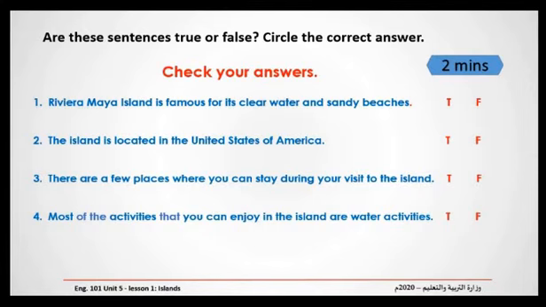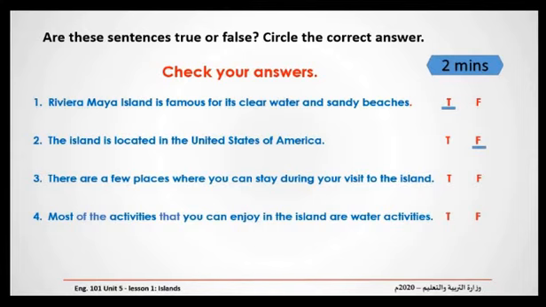Okay, dear students, check your answers. Number 1, Riviera Maya Island is famous for its clear water and sandy beaches. This is true. Number 2, the island is located in the United States of America. That's of course false.